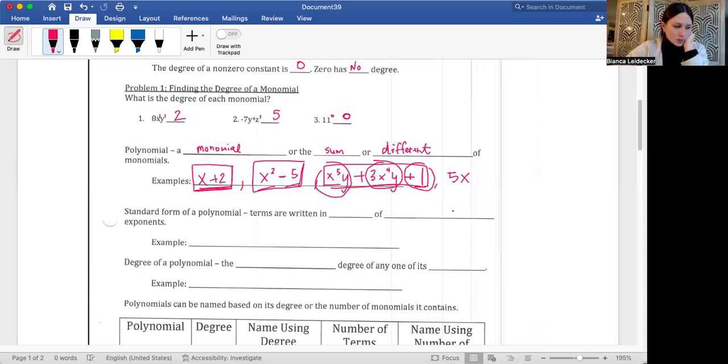It is written in order of decreasing exponents. And that is why we need to know the degrees of a monomial, because that's going to tell us what comes first.